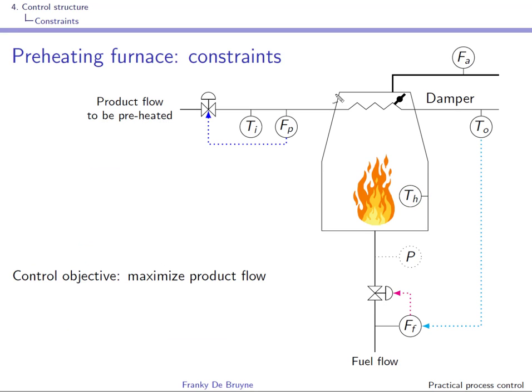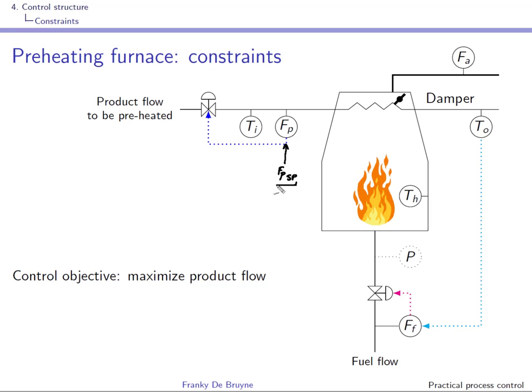The constraints on the damper and on the fuel flow valve might come into play if we try to maximize the product flow. So you can see here that there is now a valve that allows you to control the flow of products. So you have here a product flow set point, right?